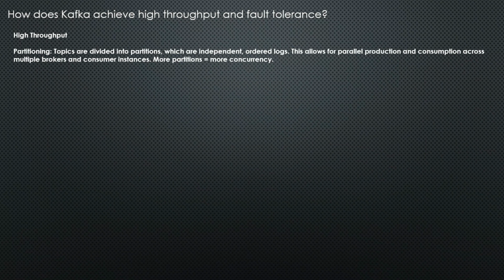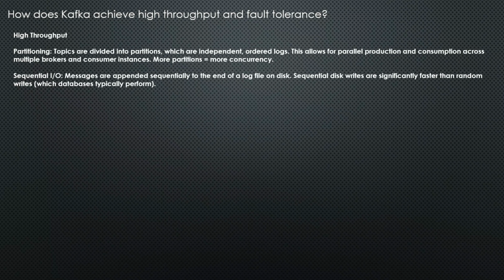If you have heard of Kafka, there is a concept of partitioning. Topics are divided into different partitions, which are independent and have ordered logs. This allows parallel producing and consuming. If multiple brokers and multiple consumer instances are there, the more partitions there are, the more concurrency is achieved.